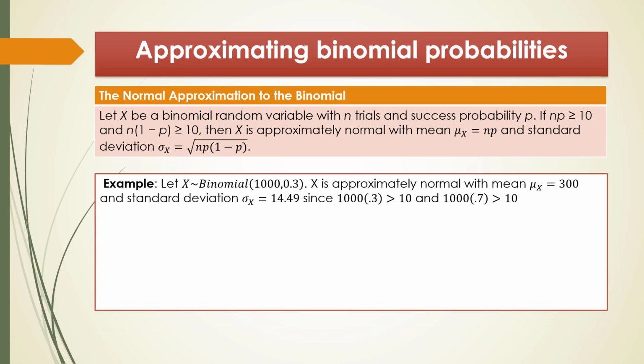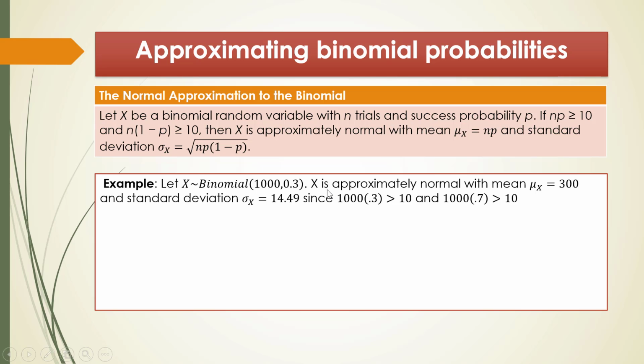Let's consider this example. Let x follow binomial of 1,000 and 0.3. That means the number of trials is 1,000 and the success probability p is 0.3.